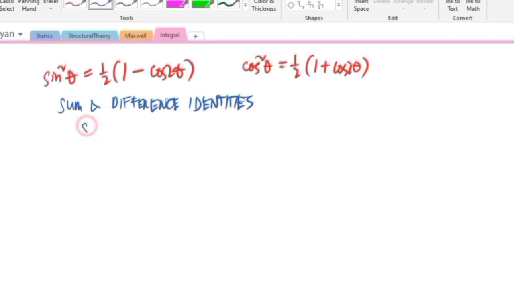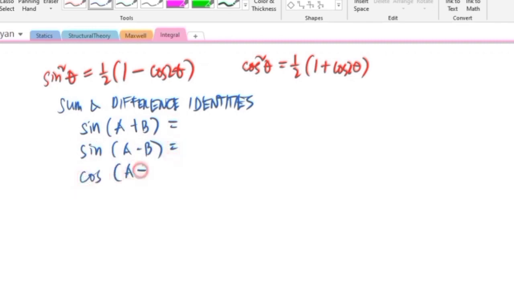I have here sine of angle A plus angle B. We have sine of angle A minus angle B, and cosine angle A plus angle B, cosine of angle A minus angle B.